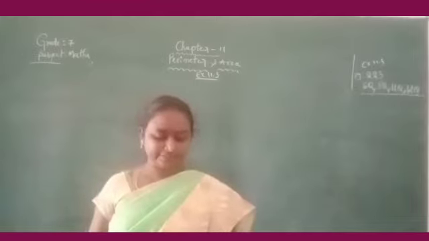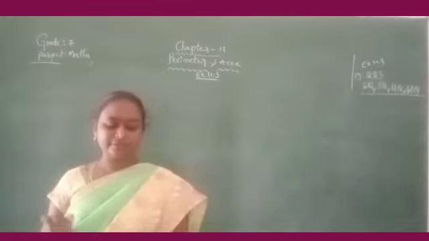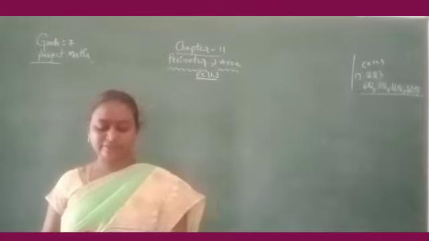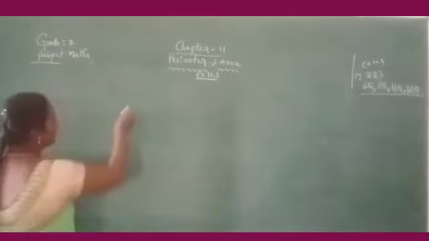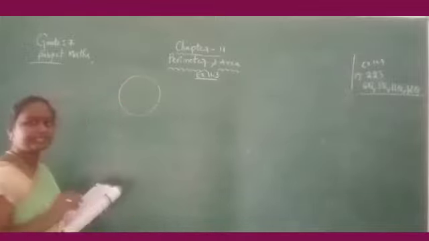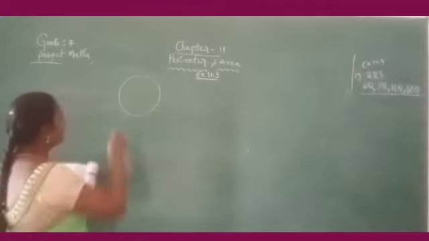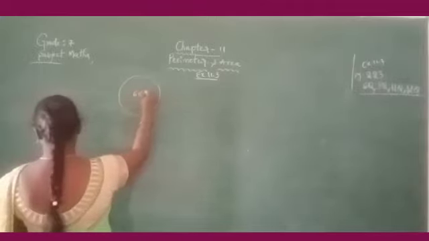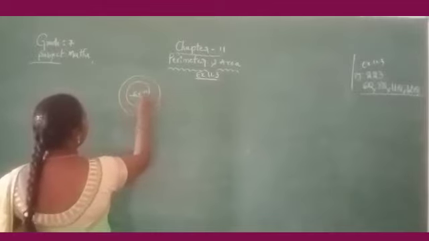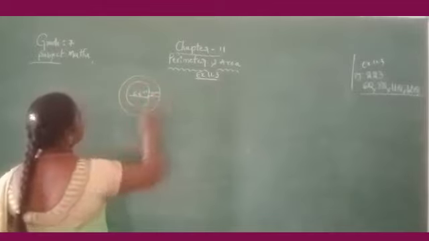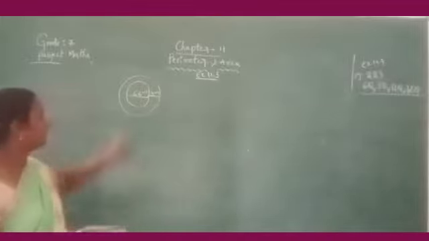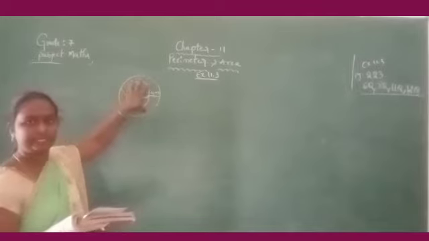The flower bed is in the form of a circle, of diameter 66 meters. Along with this circle, a path 4 meters wide is there. What is the area of this path?